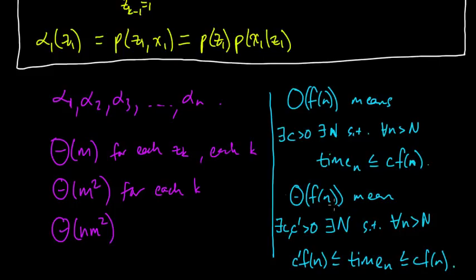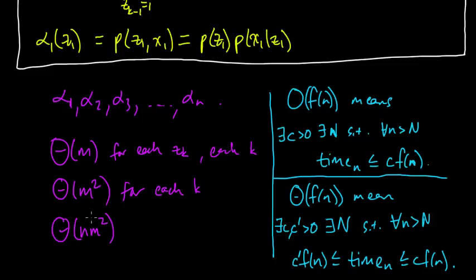So the interpretation is that asymptotically, when n is large, the time of the algorithm grows roughly proportionally to f of n. Here, the time that the forward algorithm takes grows proportionally with n times m squared. That's easy to see.